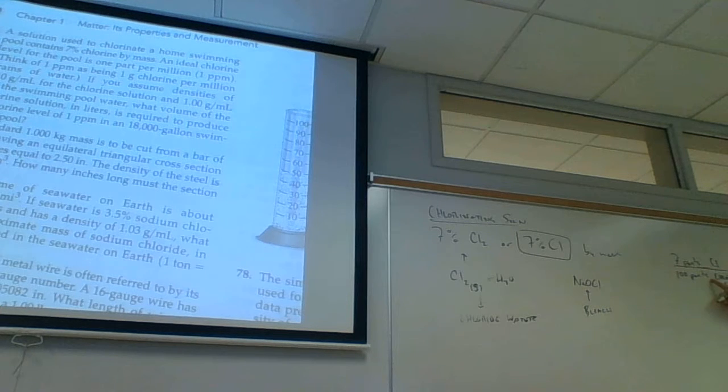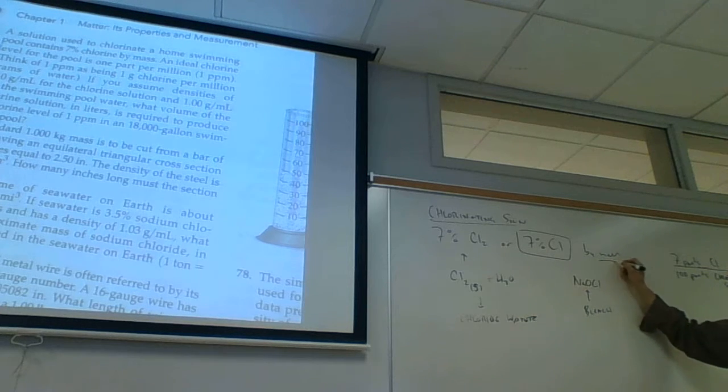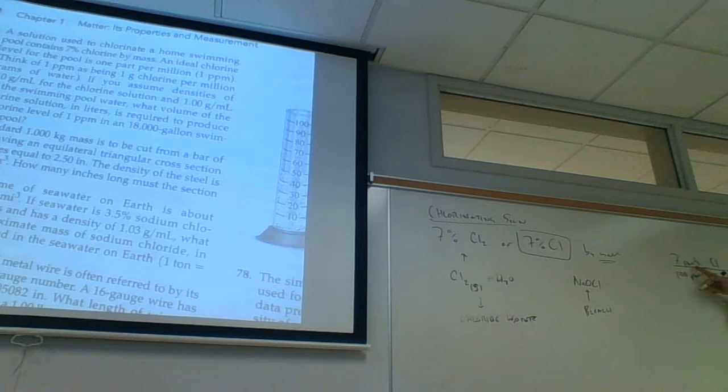But the parts, we have to be more specific. What are the parts? Is it 7 gallons of chlorine for every 100 gallons of chlorinating solution? What are the parts? And so here it's by mass. And so we could pick any mass unit. And so the parts would be 7 pounds of chlorine per 100 pounds of chlorinating solution. That's fine. But do we use pounds much?